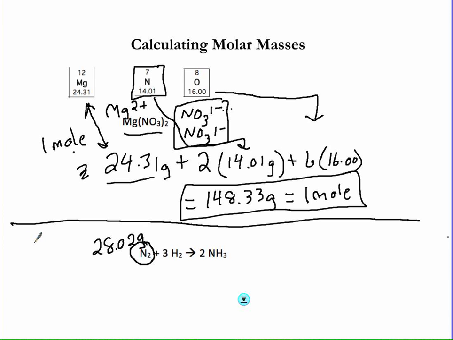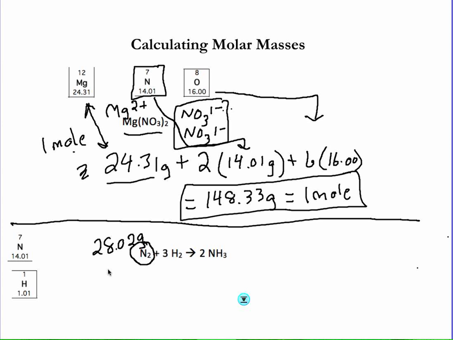The second thing we know is that hydrogen from the periodic table has a mass of 1.01. I'm just going to move hydrogen down to here, right? And I'll go ahead and duplicate that nitrogen and bring it down here, right? So those are the 2 things that we're using to calculate masses in this bottom question right here.